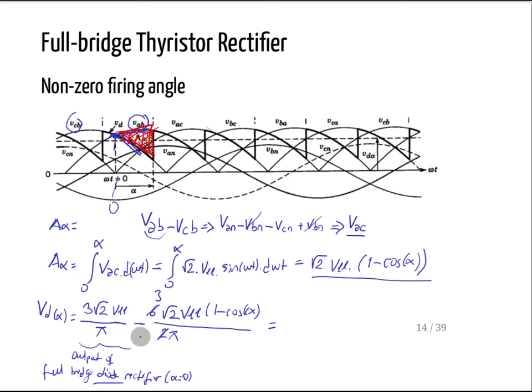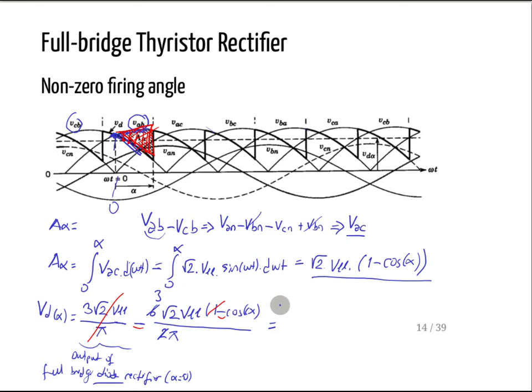Actually you have the same thing as the diode rectifier, so 3 square root 2 VLL divided by pi minus 3 square root 2 VLL, they have the same terms, in parentheses 1 minus cosine alpha. So that term and that one cancel each other, and I have a minus here, another minus here, so it becomes positive.